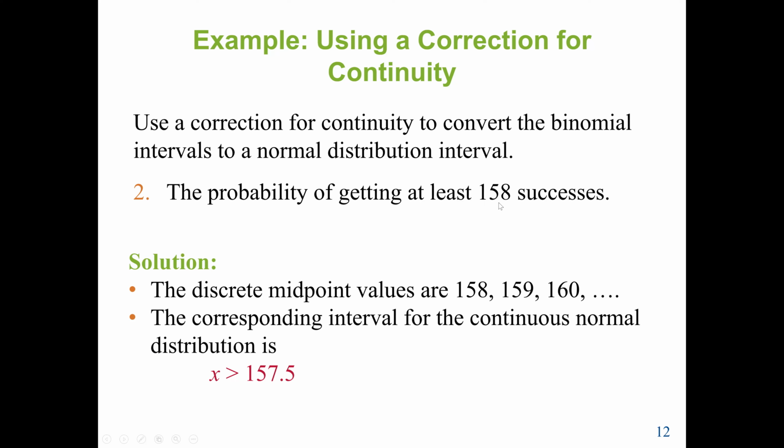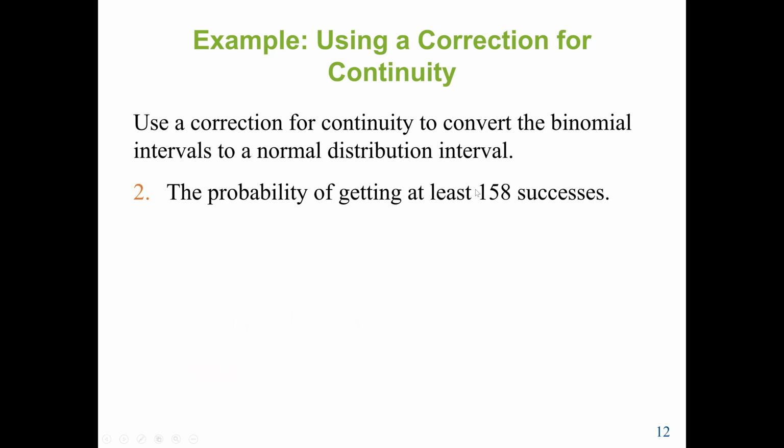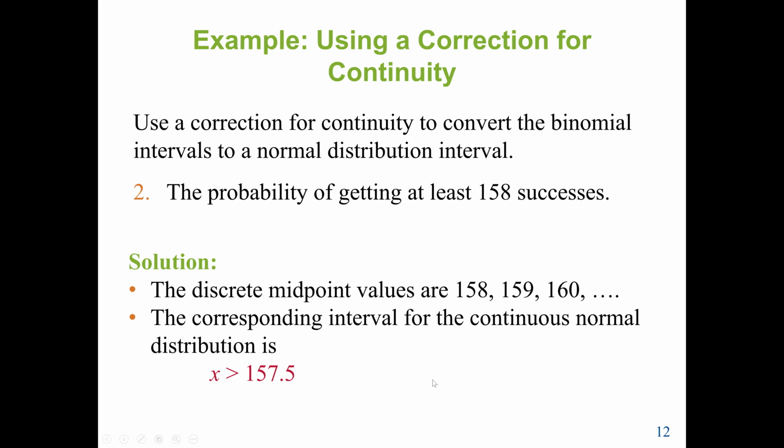It can go 158, 159, 200. In the previous example, between 270 and 310, it was 269.5 and 310.5, because we subtract 0.5 from the left and add 0.5 to the right. Here we say at least 158, so it will start from 157.5, greater than 157.5.